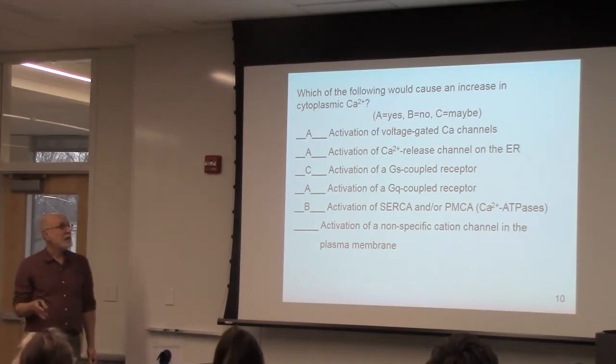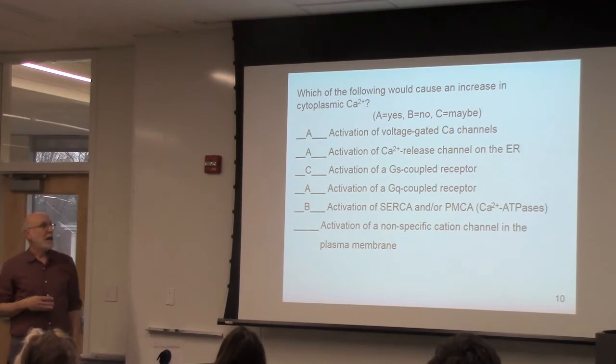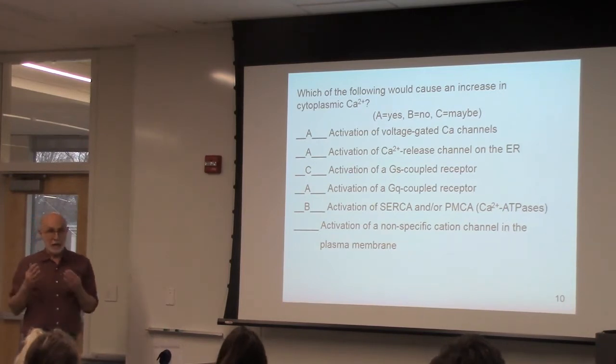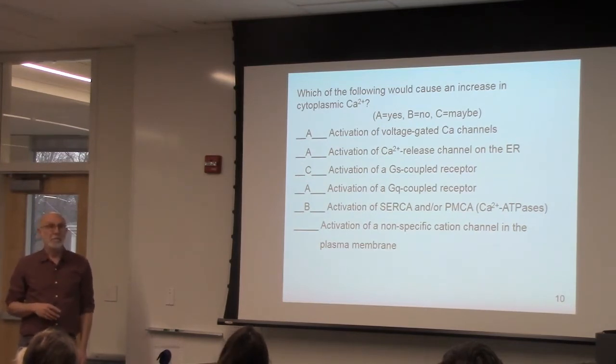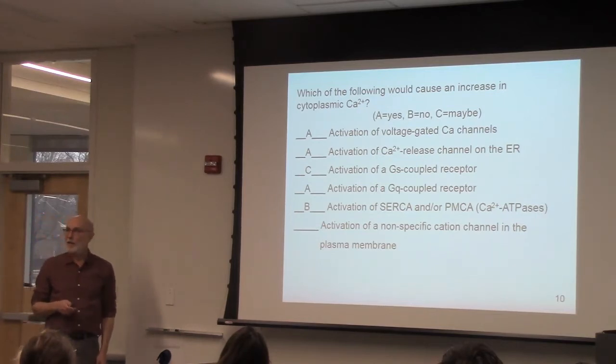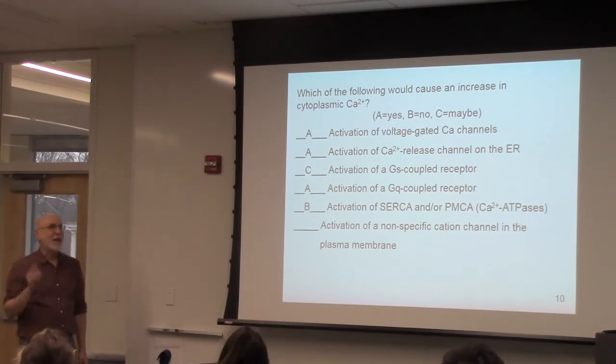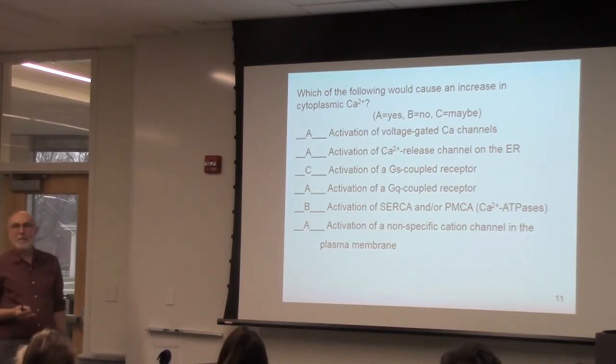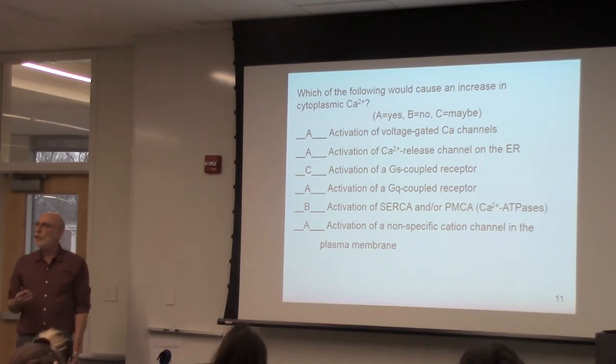Activation of a non-specific cation channel in the plasma membrane. So remember, calcium is a cation. Non-specific means any cation. All kinds of colors on this one. A rainbow. Yeah, same as voltage-gated calcium channels.